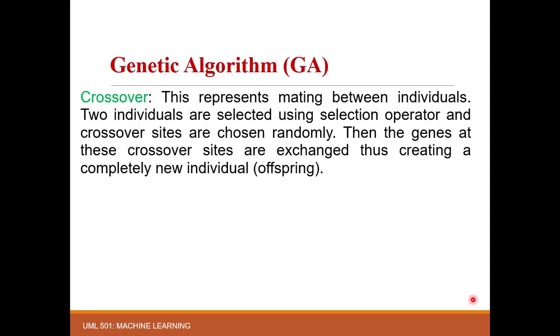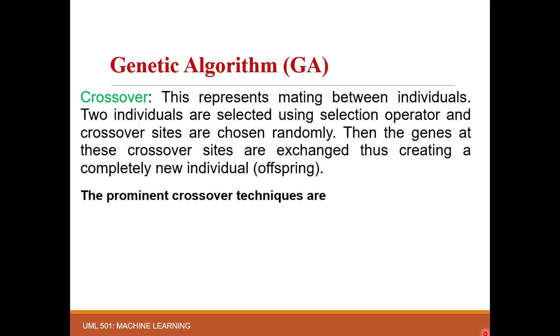Basically, in crossover, we have to select two parents from our population using the selection operators discussed in our previous lecture. Then the selected parents mate with the help of a randomly chosen crossover site to produce the new offsprings. Let's discuss this in more detail.